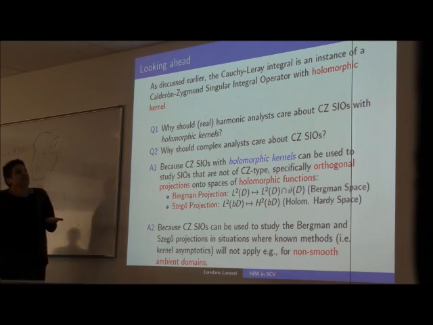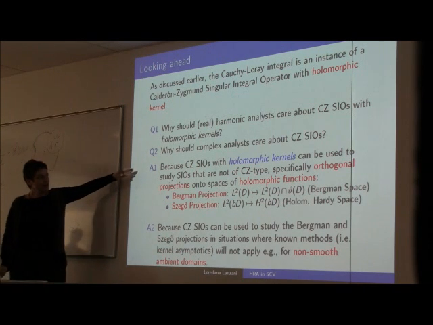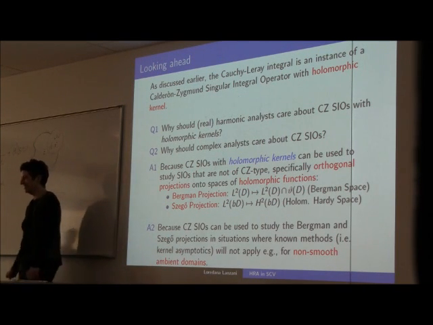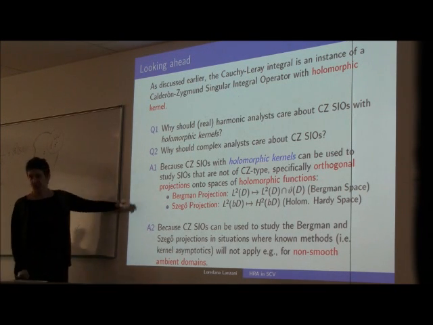Why should a harmonic analyst be interested in Calderón-Zygmund kernels that happen to be holomorphic? And why should a complex analyst be interested in Calderón-Zygmund operators to begin with? The answer is in the applications.